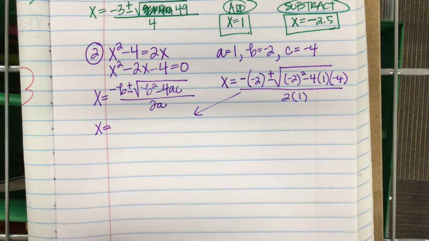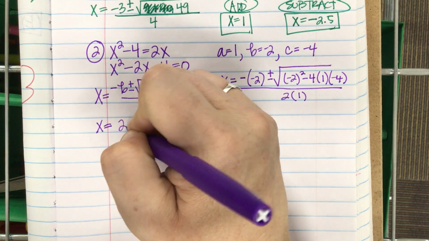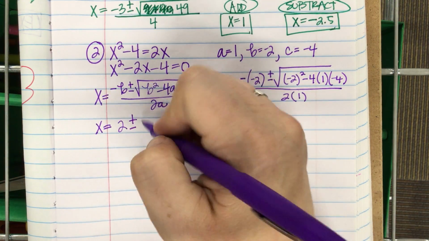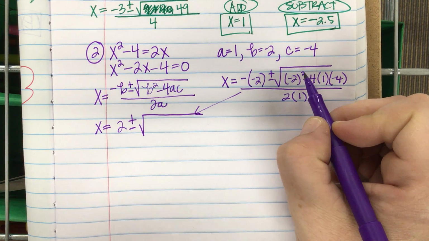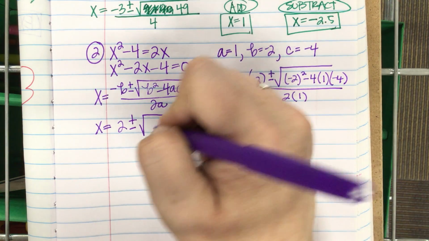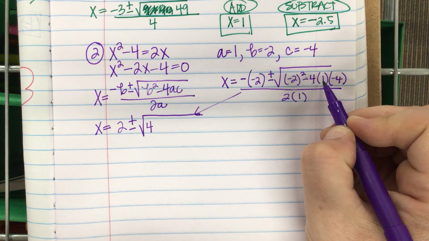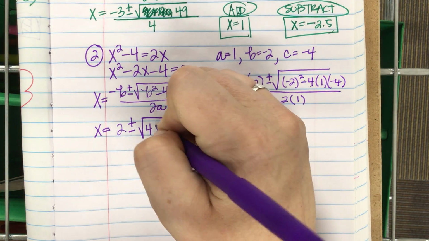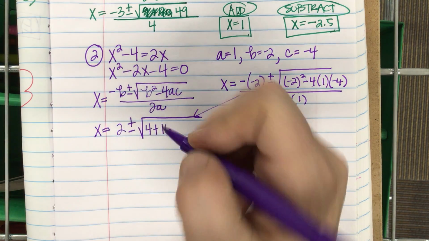X equals, what's the opposite of -2? +2. Plus or minus the square root. What's -2 squared? 4. -4 times 1 is times another -4 is +16. What's 4 plus 16? 20.